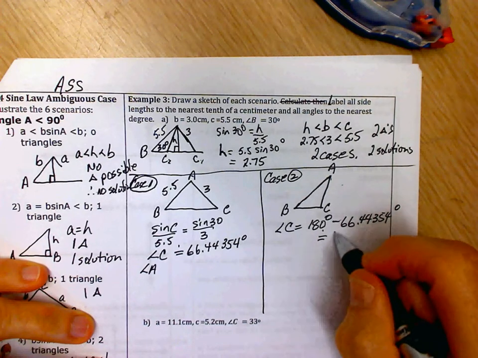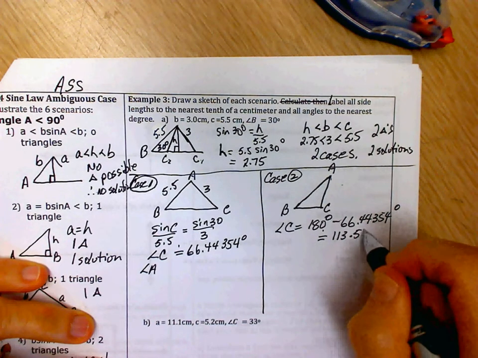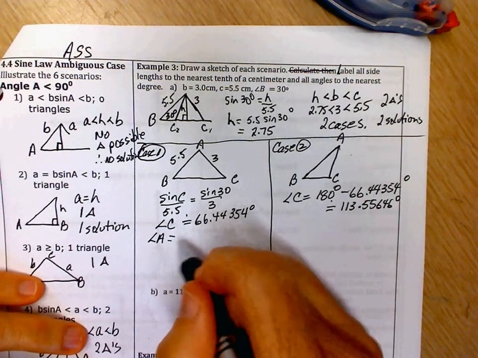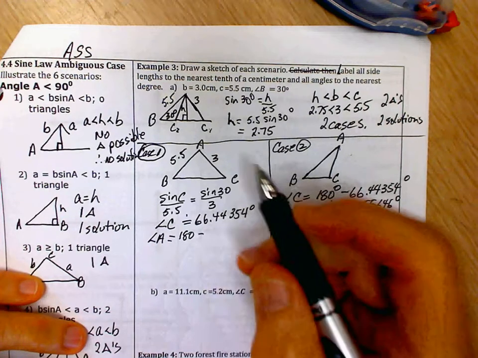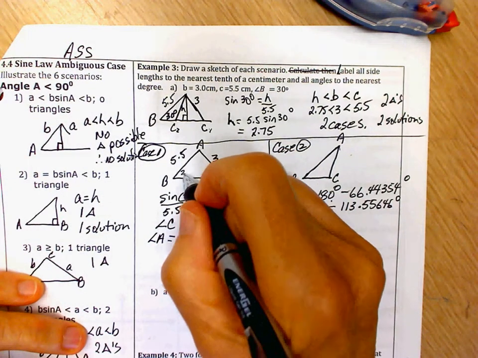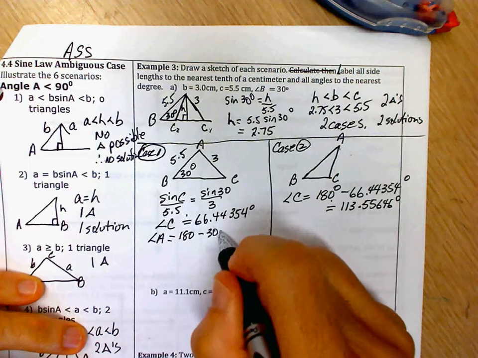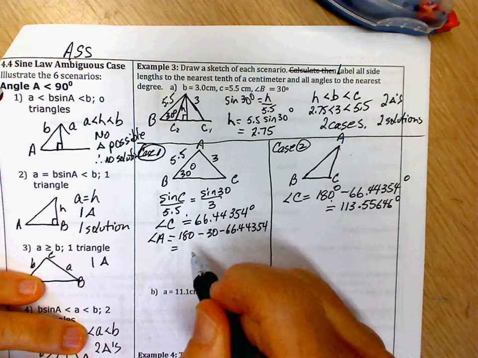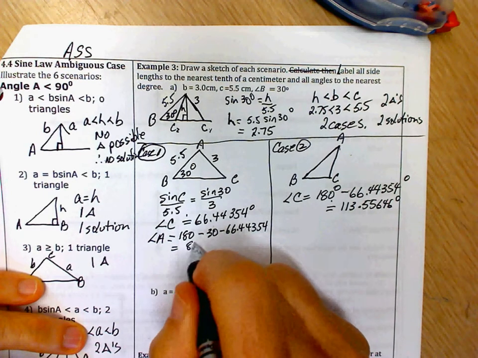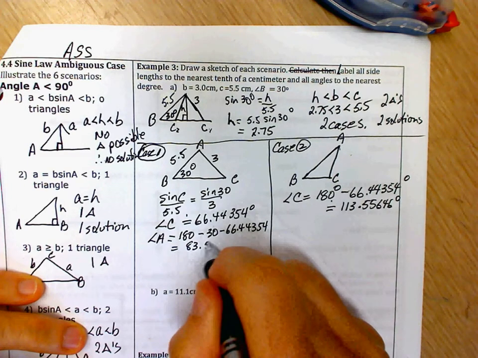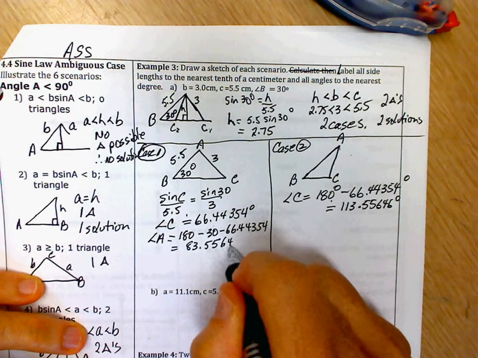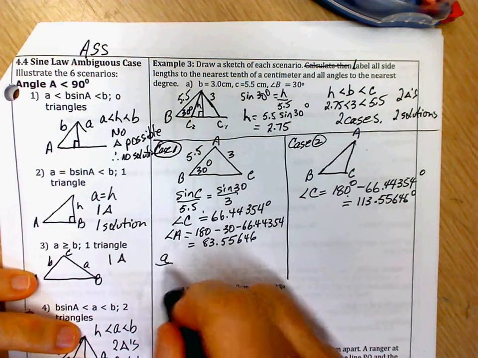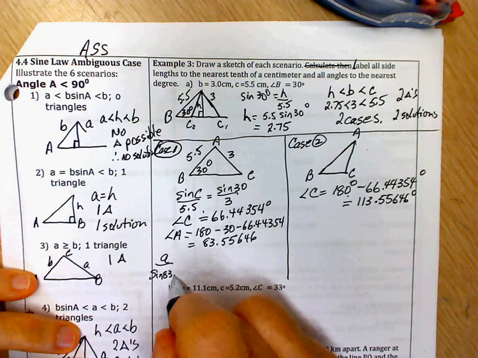Okay, so angle A is equal to 180 minus 30 minus 66.44354, which is 83.55646. So now we're in a position to find little a over sine of 83.55646 equals 3 over sine 30.